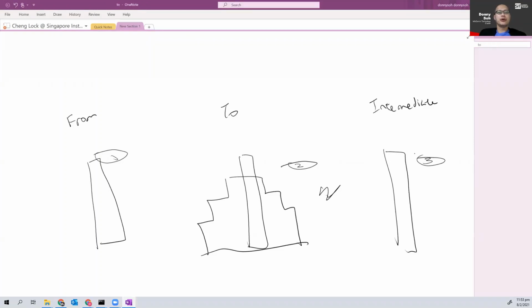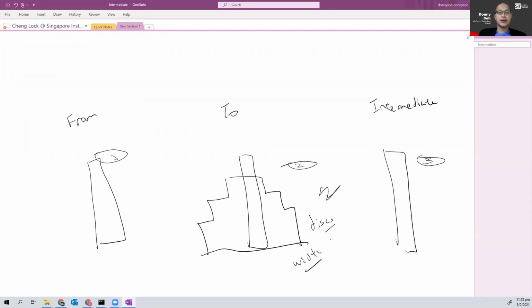Sorry, you are also given a number of disks, and these disks all have different widths.